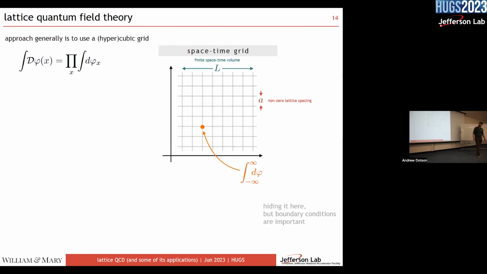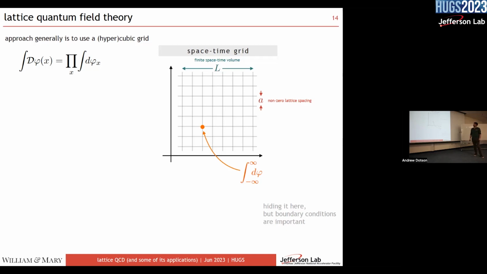So usually if you're dealing with, say, a quantum field theory in 3 space dimensions, 1 time dimension, you'll use a hypercubic grid, so a 4-dimensional square cubic grid, so that you introduce a lattice spacing, a single spacing between points in space and time. Now, at each point, you want to do this integral over the value of the field from -infinity to +infinity. So this is just what you saw on the previous slide, boosted up into however many dimensions we're interested in.